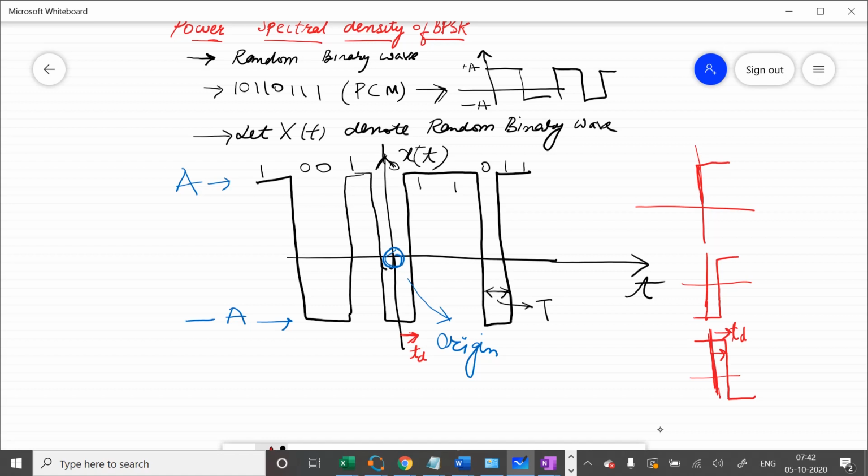Since we treat it as a random process, we don't know beforehand what pulse will be coming, whether it is 1 or 0, and at what time it will start.